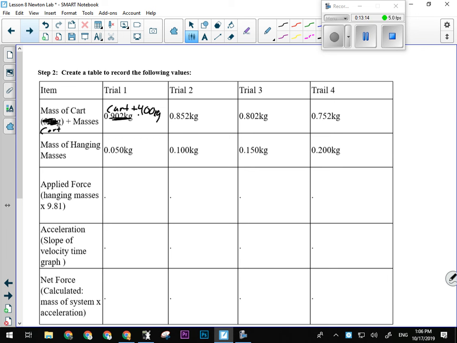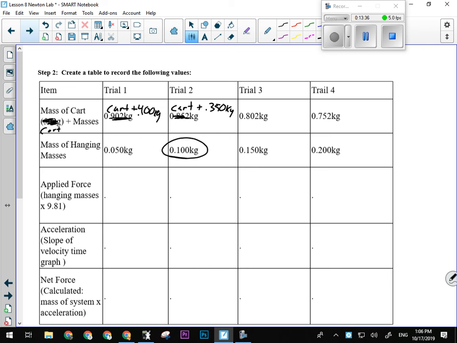In trial 2, I'm going to move 50 grams off the cart and put it over the pulley. So now I'll have less mass on the cart. I'll have the cart plus 0.350 kilograms, and I'll have 100 grams over the pulley.